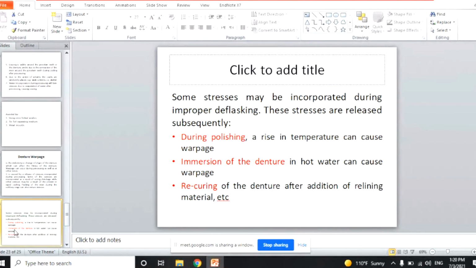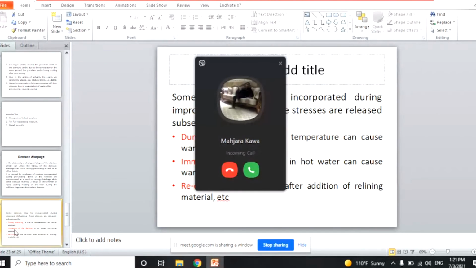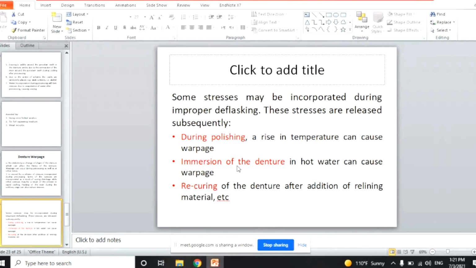After deflasking, during polishing, it can cause denture warpage, due to the huge amount of heat applied during polishing. Immersion of the denture in hot water can cause warpage, and so can recuring of the denture after addition of relining material.